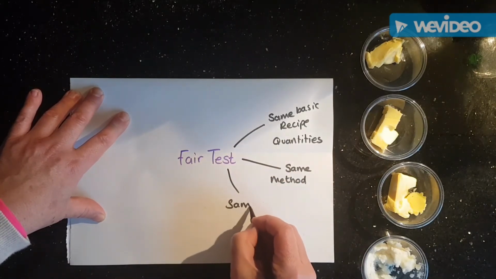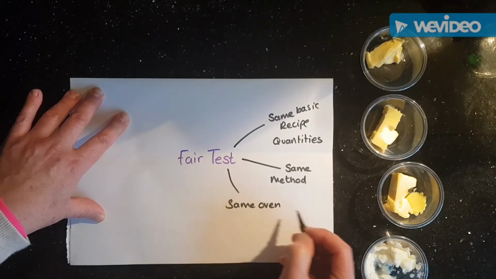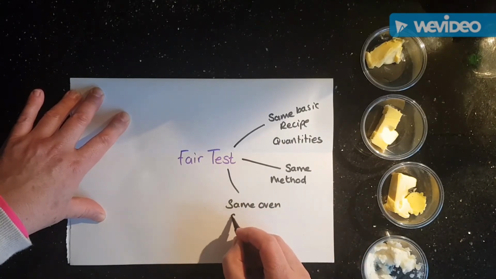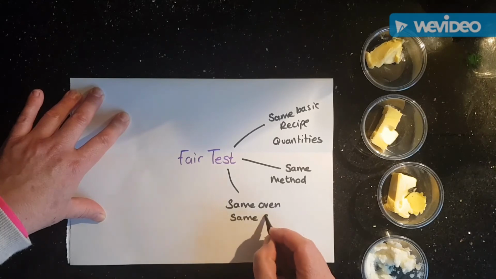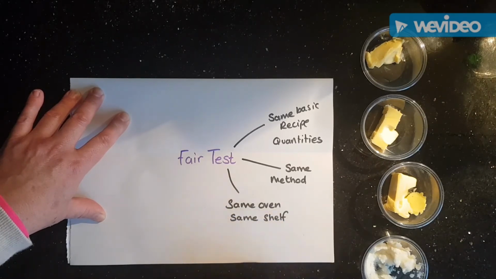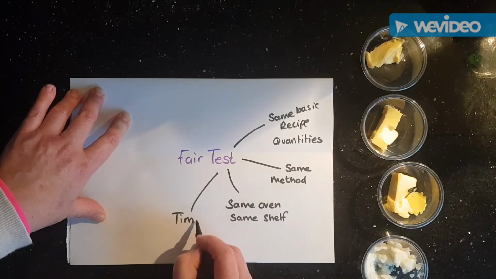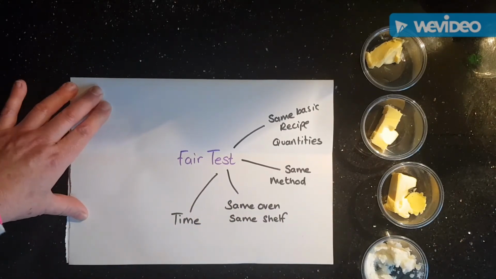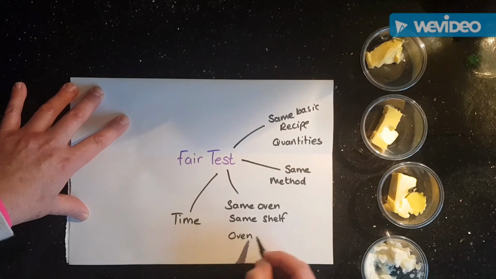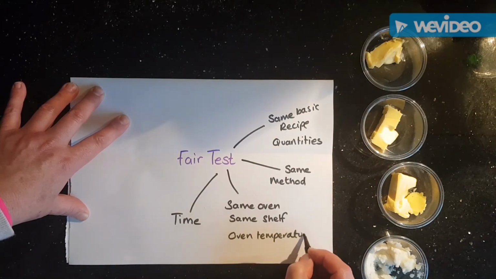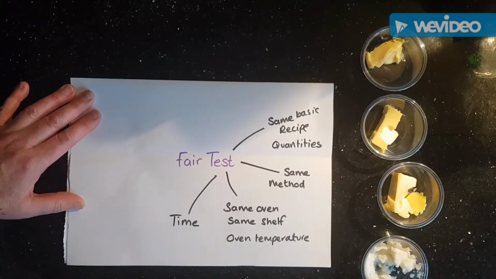You need to use the same oven, ideally the same shelf. Cook them for the same time also. The oven temperature needs to remain constant for all the samples.